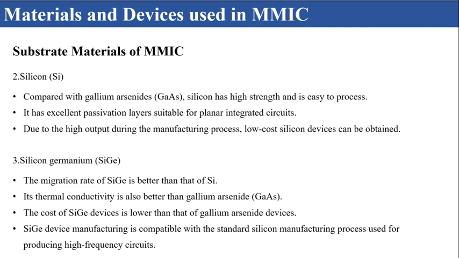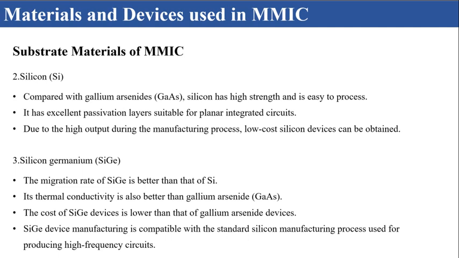And the third one is silicon germanium. The migration rate of silicon germanium is better than that of silicon, and its thermal conductivity is also better than that of gallium arsenide. Meanwhile, the cost of silicon germanium devices is lower than that of gallium arsenide devices.